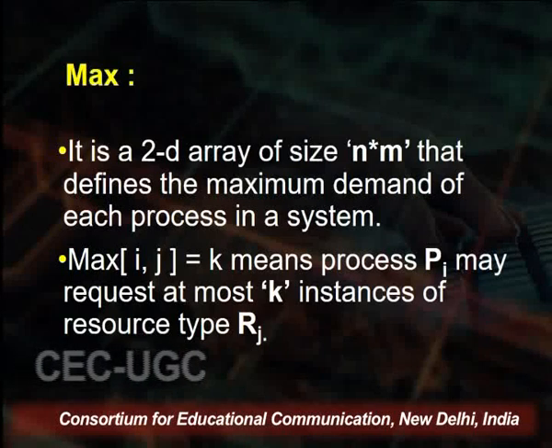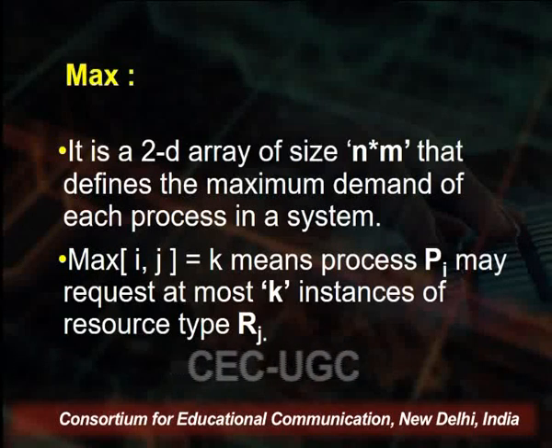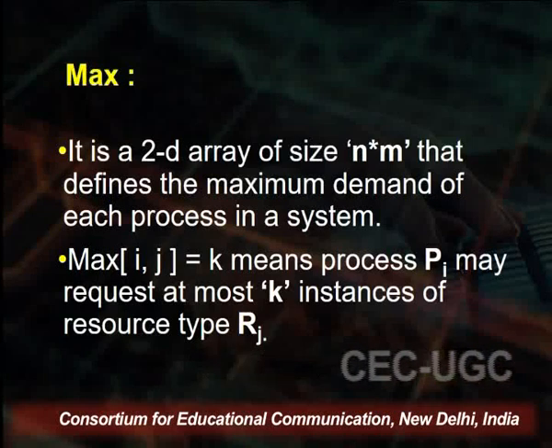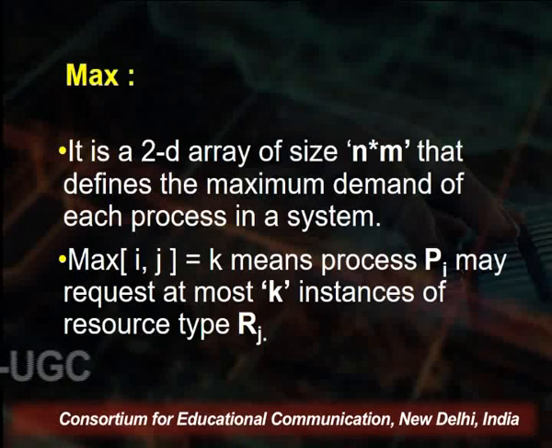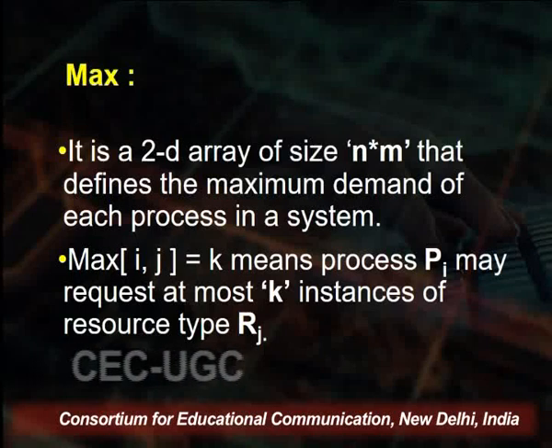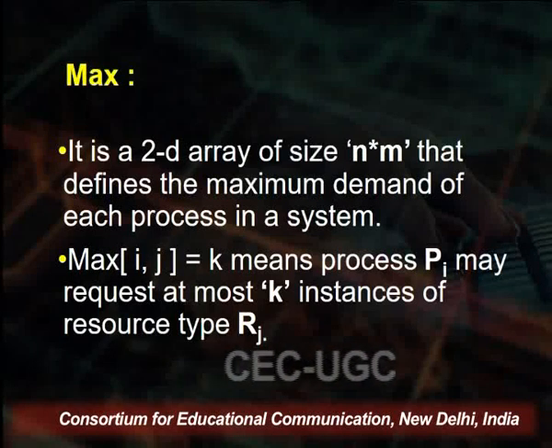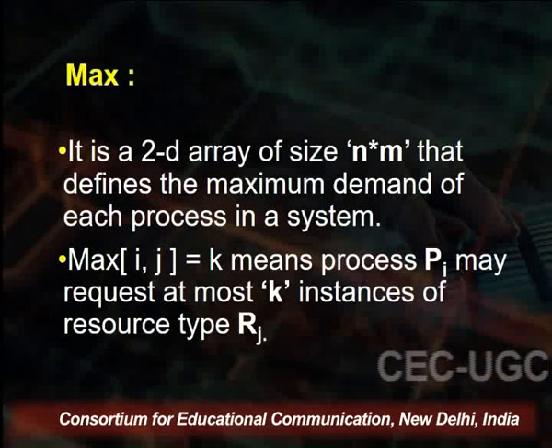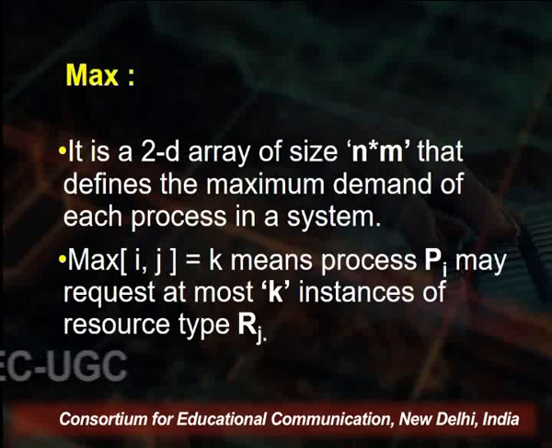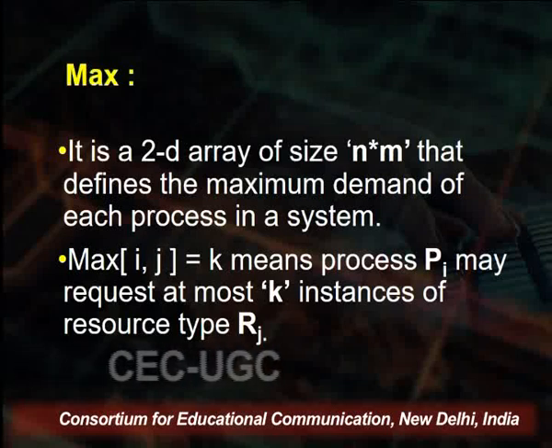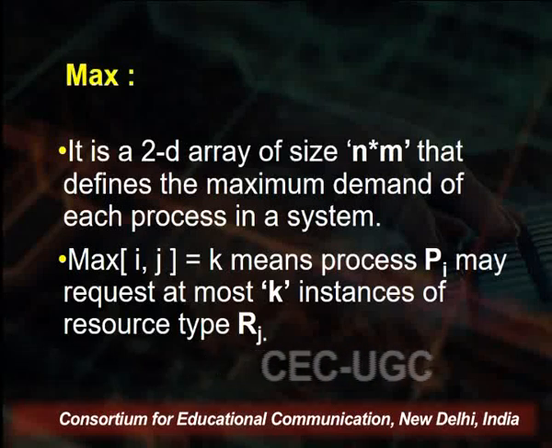So, Max[3][1] = 5, that means the third process is going to request the first resource, maximum 5 instances of the printer. That is what the Max array is telling us about the maximum demand of each process in the system.